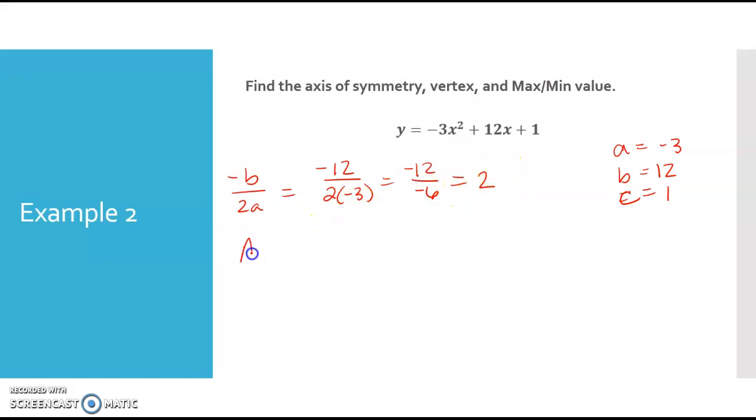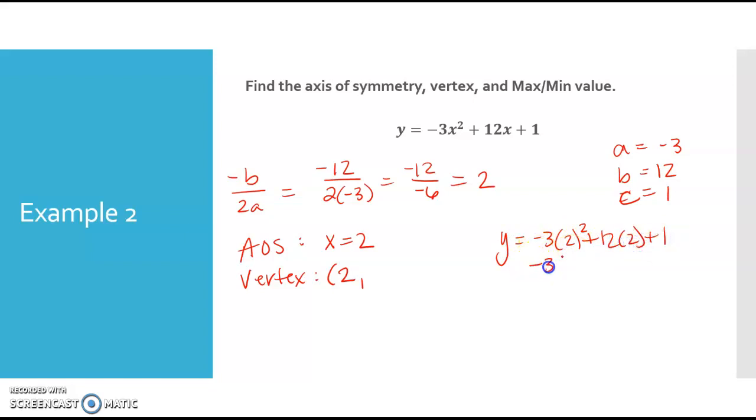So my axis of symmetry is going to be x equals 2. My vertex is going to have an x value of 2. That's the first thing. Now I got to find my y value. So I'm going to take y equals a negative 3 times 2 squared plus 12 times 2 plus 1.